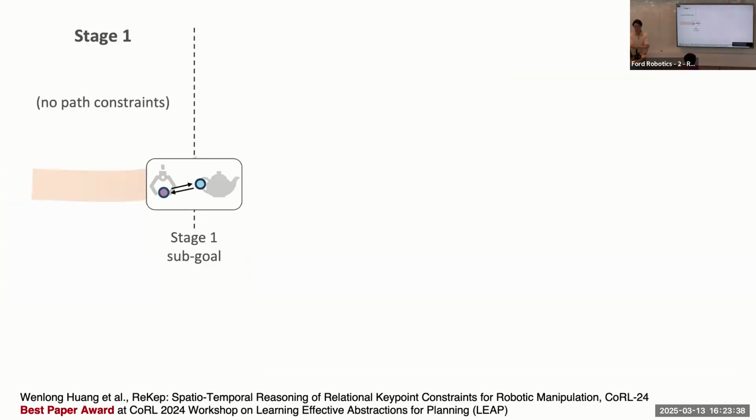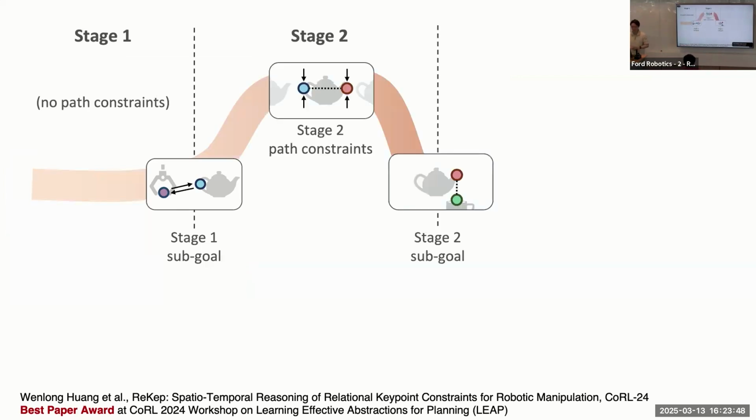Like I mentioned earlier, take pouring tea from the teapot as an example. At the end of the first stage, the end effector should be getting closer to the handle part of the teapot. In the second stage, the tip of the teapot should be right above the cup, and you don't want the teapot to wiggle around. So you want to make sure the key point of the tip and the key point of the handle are always at the same height.